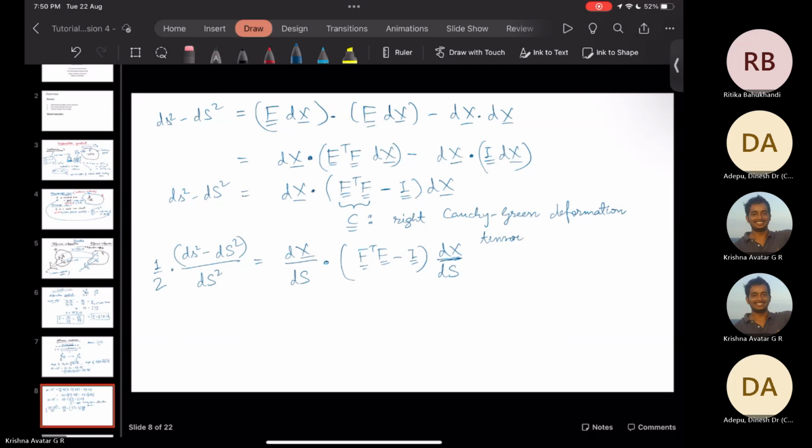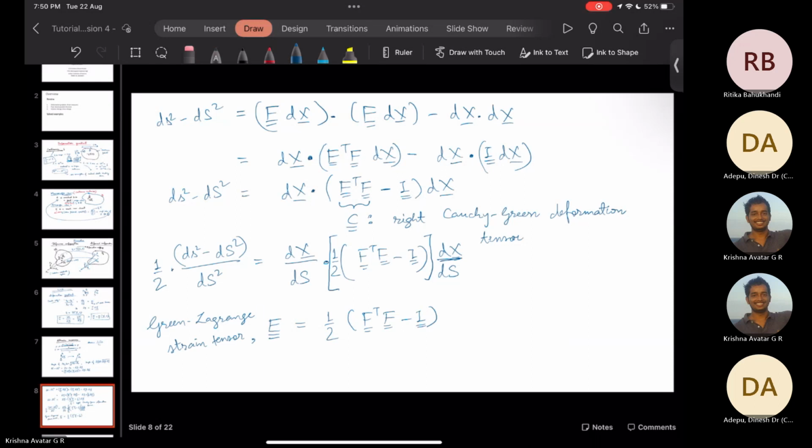And what I do is I'll just take this 2 even on this side and put it here. Now this quantity is very fundamental here. We call this E. E is a second order tensor, and it's defined as half of F transpose F minus I. You see that this E is also called the Green-Lagrange strain tensor.